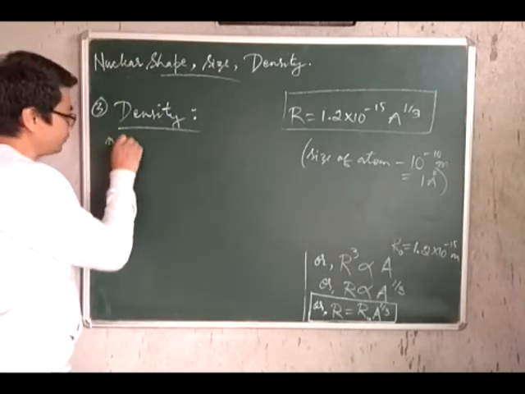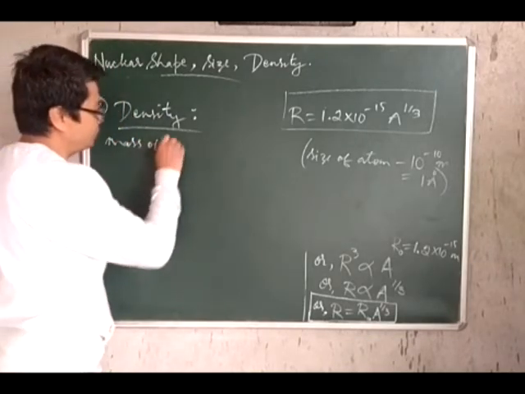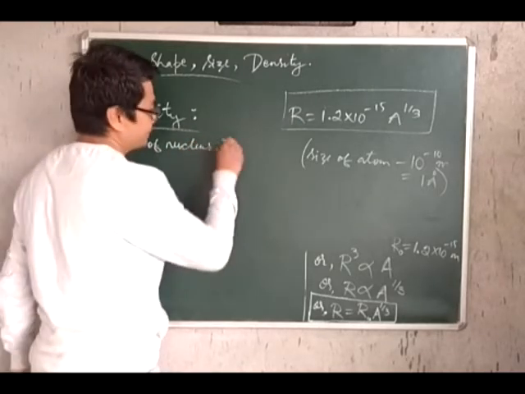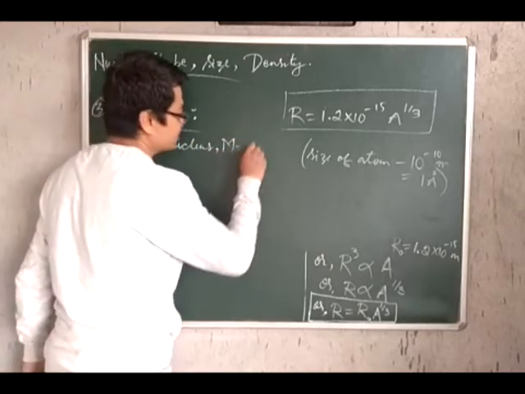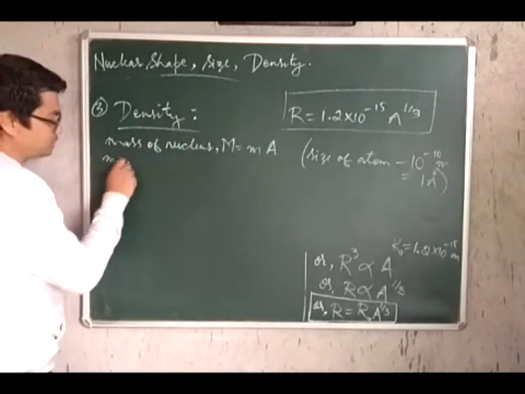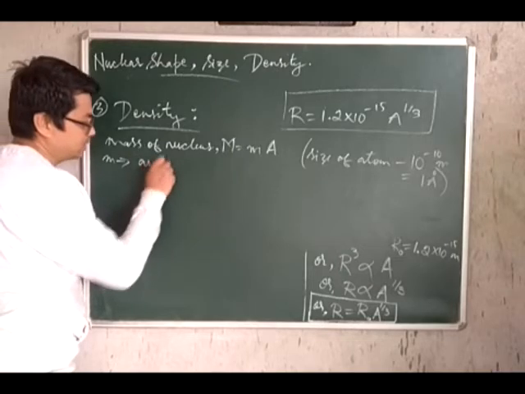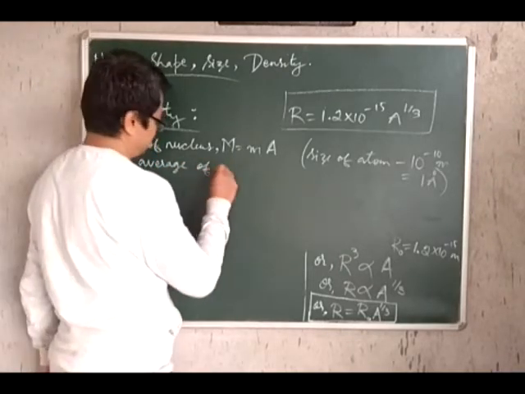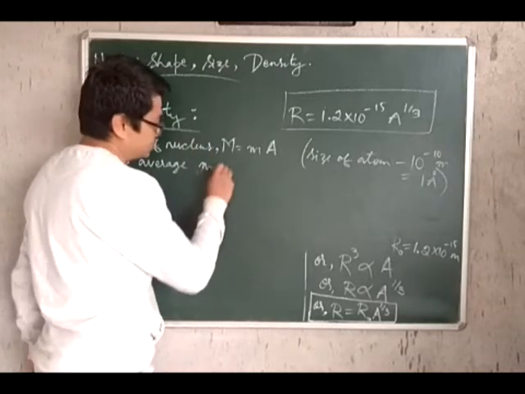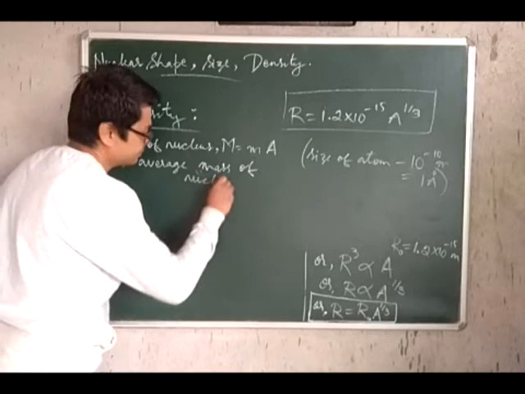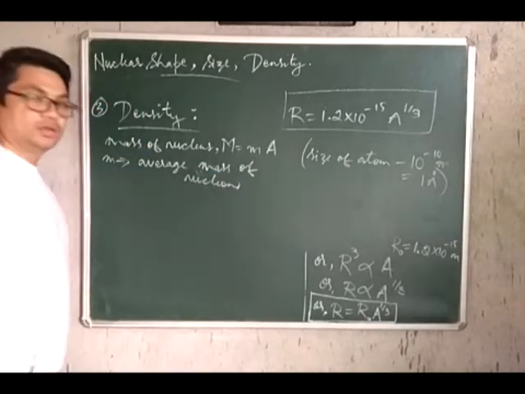Now the mass of the nucleus, if that is M, then this is small m into A, where small m is the average mass of nucleons.